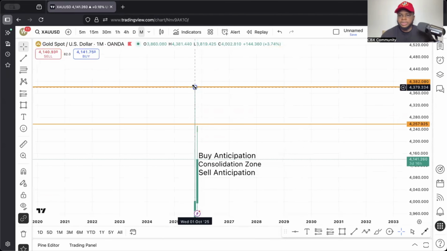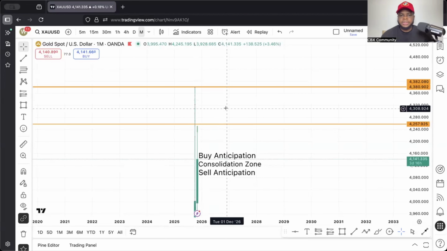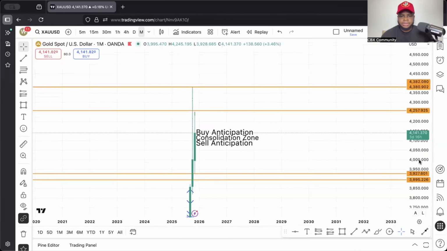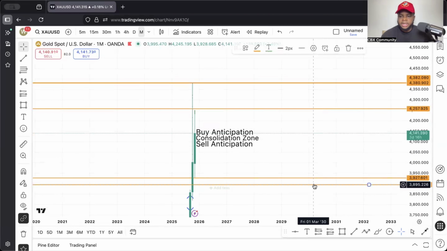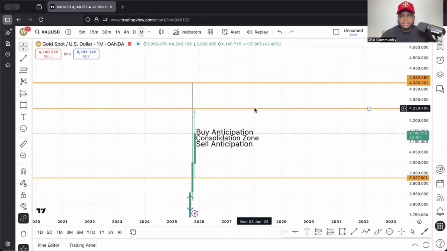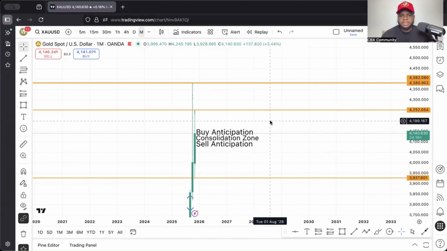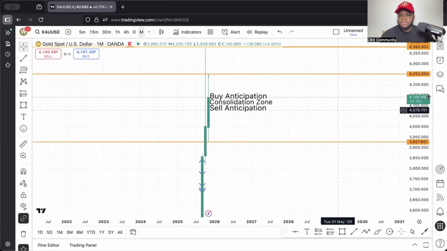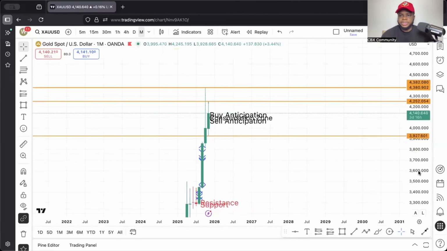This is the all-time high on gold at 4382.39. Let's delete this line. Let's move this line here. Looking at the formation of the monthly time frame, we are in an uptrend.